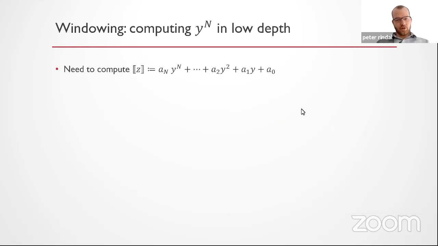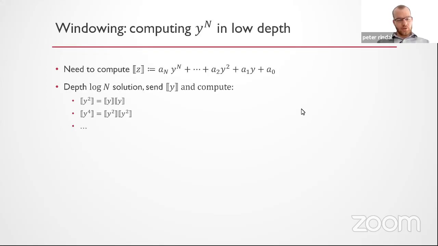We use a not too uncommon technique known as windowing. Here, our desire is to compute the power y to the N. The solution we just saw is you multiply, you square, and you continue doing this, building up the power in the exponent.